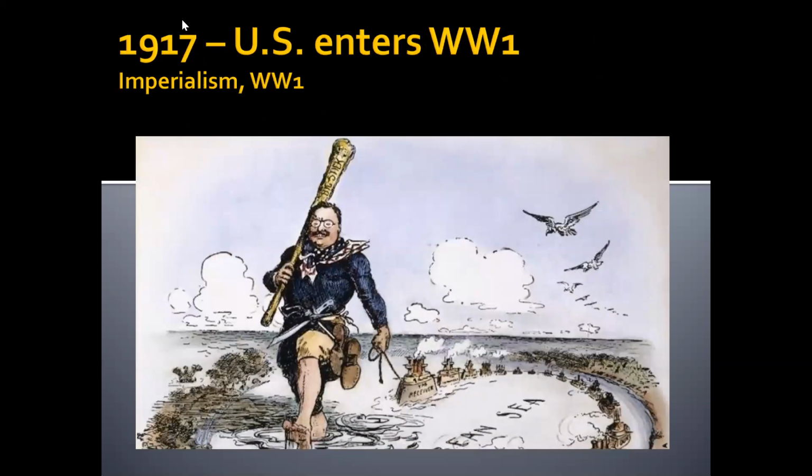The next date we look at is 1917. The United States is entering World War I. Way before this, in the late 1700s and 1800s in general, the United States tries to follow George Washington's policy of isolationism. The United States should only worry about themselves.